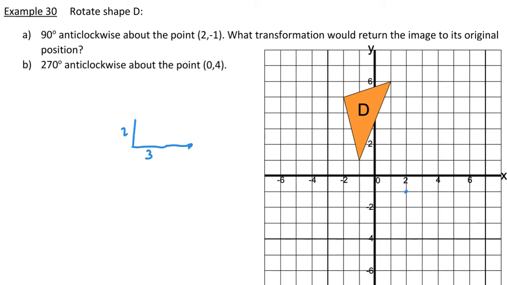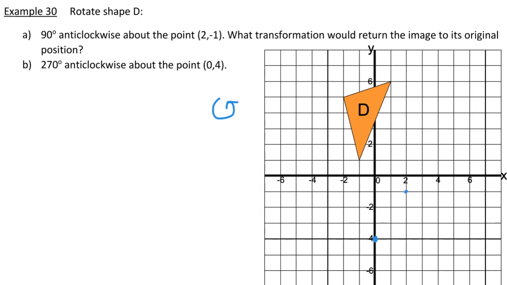And a 90-degree anti-clockwise direction is this way. So from this point, we'll be rotating it anti-clockwise, and it'll be down 3 and left 2. So down 3 and left 2 from our centre point is the point 0, 4.